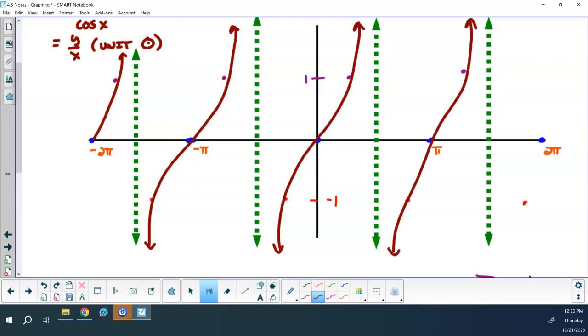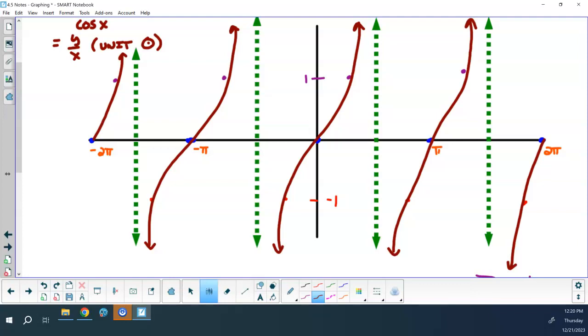Well, I'm not a fan of that last one, but I'll let it slide. I got an extra wave on that third one. Agree with them looking like that? Yeah. And that, ladies and gentlemen, is your tangent graph.